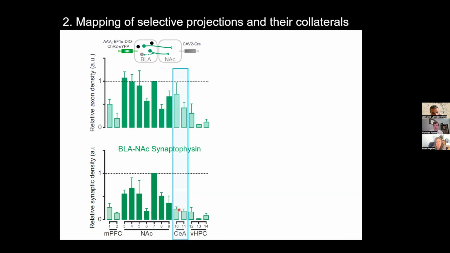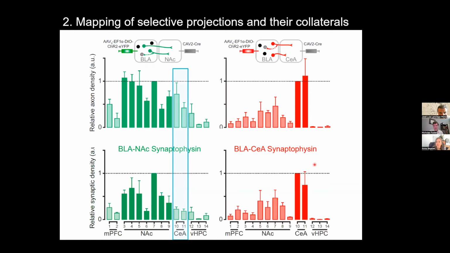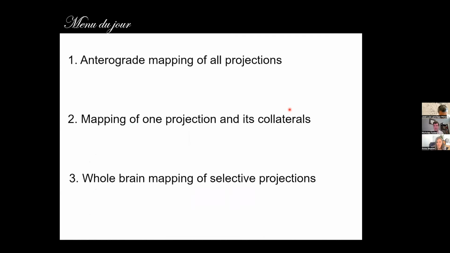This means that only 25% of these outputs are indeed synaptic, creating synapses in the central amygdala. We did the same thing for the neurons projecting from the BLA to the central amygdala, and did not notice major differences between the axons and the synapses. This is also important to do this staining depending on the circuit that you're studying.